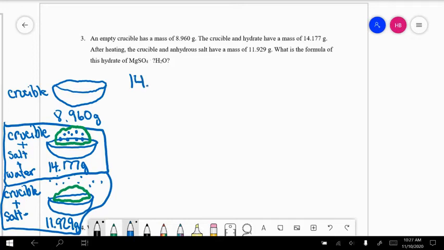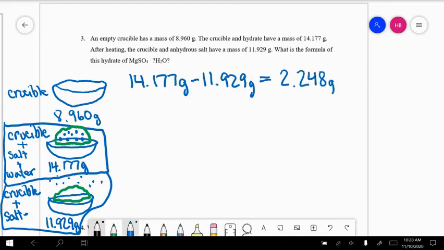So 14.177 grams minus 11.929 grams will give me the mass of the water. So 2.248 grams of H2O.